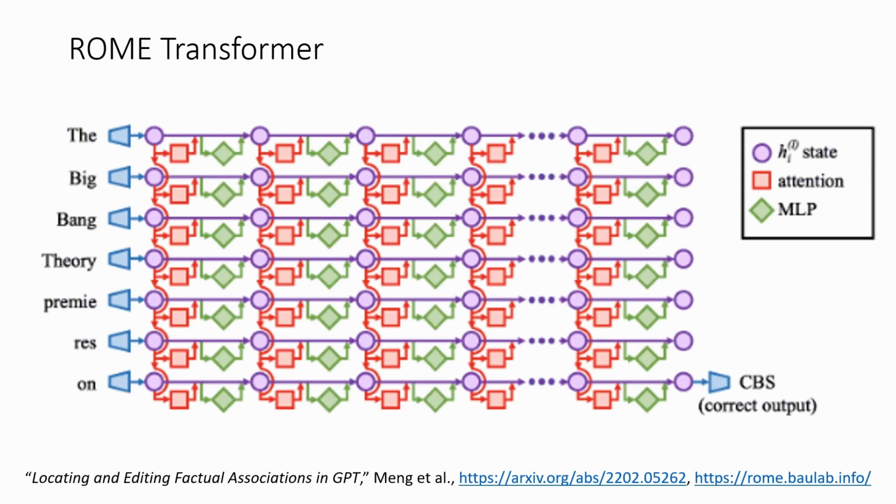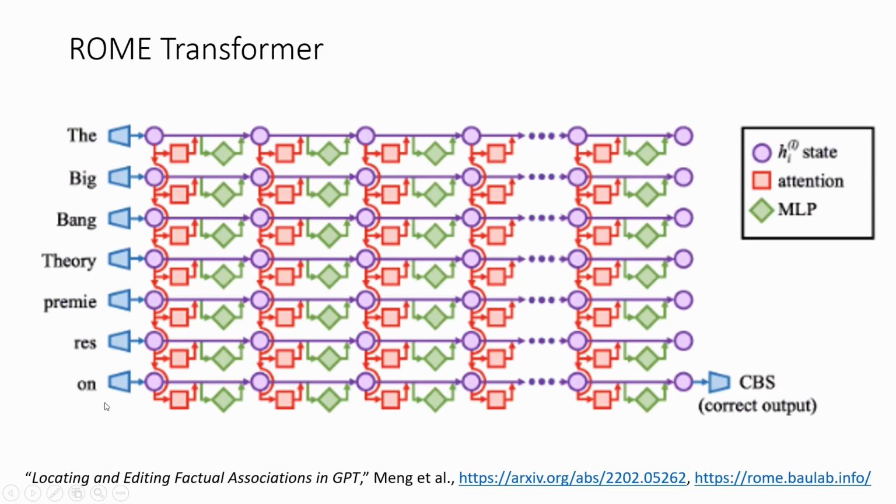Okay, and so they actually measured sensitivity and specificity. So, for example, they would say, all right, now I'm going to change the wording in the sentence. Instead of the Big Bang Theory premieres on, they changed it to my favorite TV show, Big Bang Theory, is on. They mixed it up.